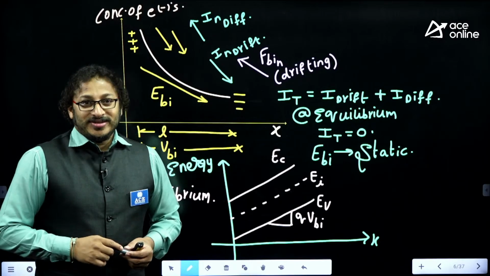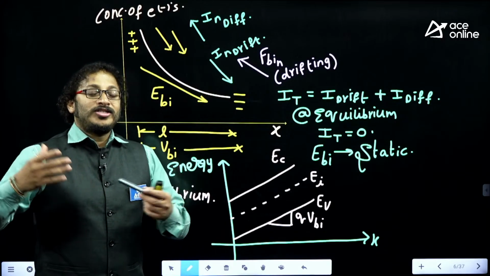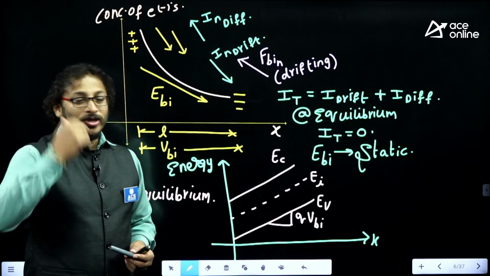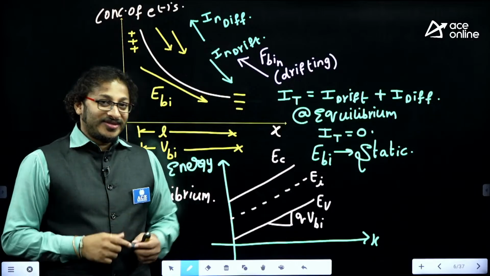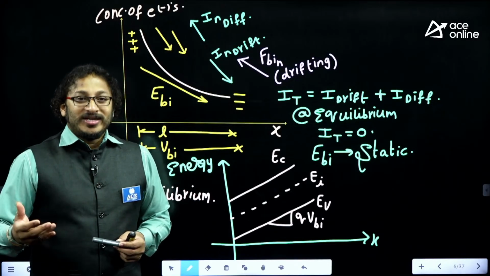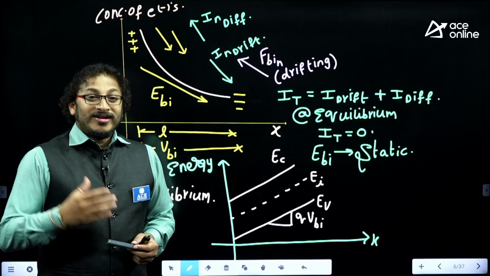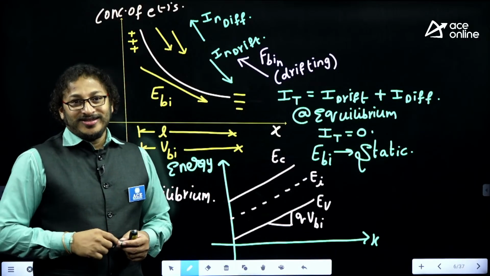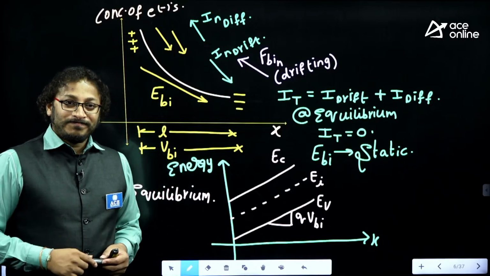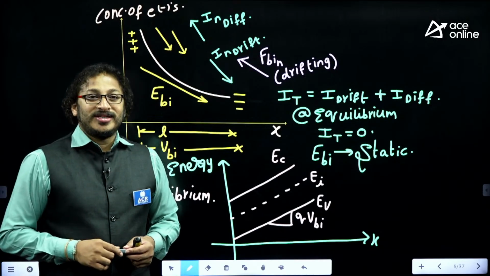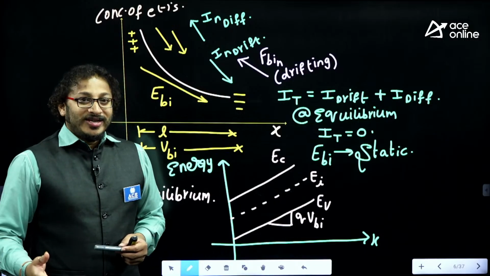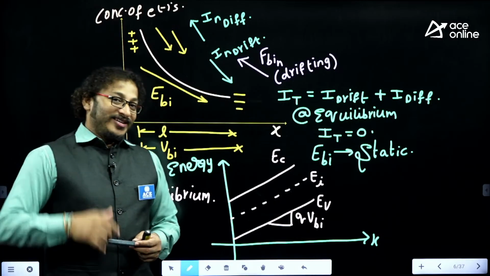Fermi energy discusses the highest energy of a particle even at 0 kelvin. Fermi energy discusses the highest velocity of a particle even at 0 kelvin. Fermi energy discusses concentration of carriers in the conduction band, concentration of holes in the valence band. And Fermi energy discusses the net average energy acting on a particle.